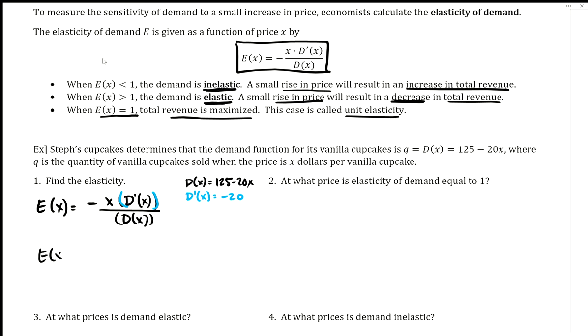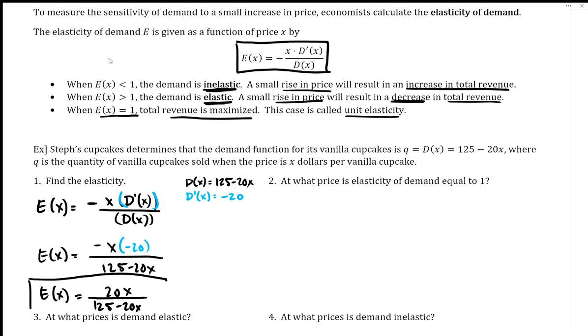So our elasticity, E of x, is negative x times negative 20, and then D of x is 125 minus 20x, which we sub directly into the denominator. Then one bit of cleanup: the top multiplies to give us positive 20x, and the denominator is still 125 minus 20x. So that's the elasticity, just the function based on the formula.